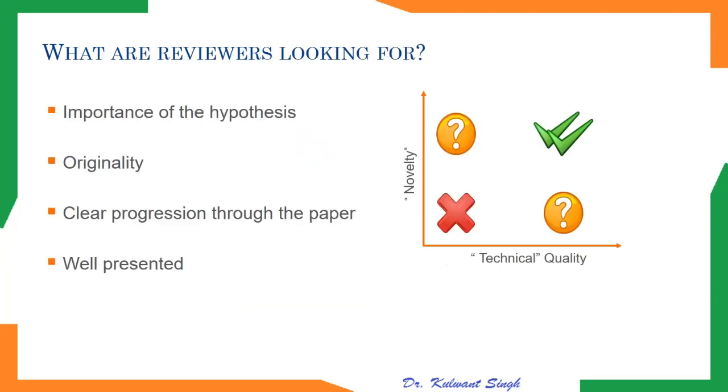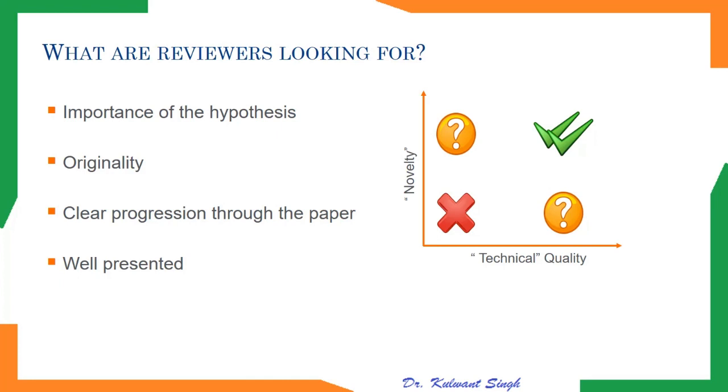Next, what is the reviewer looking for? A reviewer checks the quality of your paper and the novelty of your paper. There are four things reviewers are looking for: the importance of the hypothesis you are discussing in your paper, and the originality of your research work.